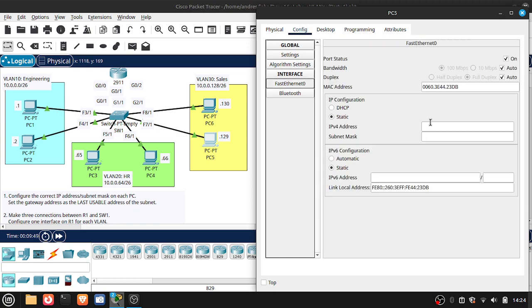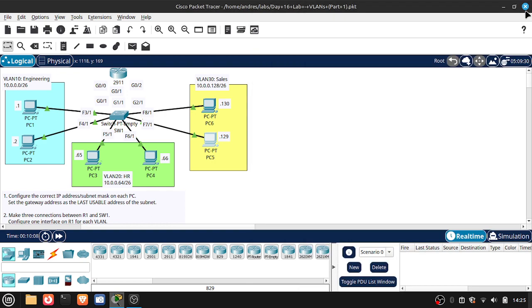And IP, you are 129, and the mask 255.255.255.192. Okay, the task number 1 is complete.